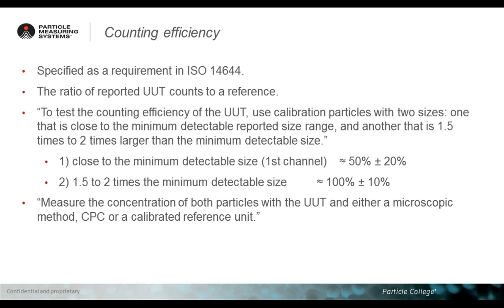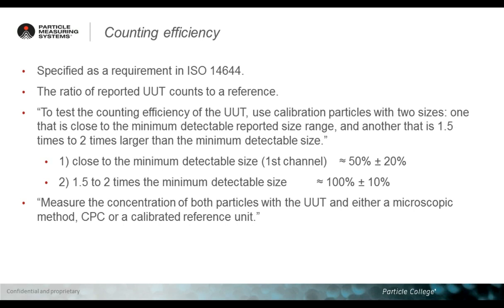The counting efficiency. ISO 14644 also talks about the counting efficiency, and this is the ratio of the reported UUT count to a reference. UUT means unit under test. This is essentially your particle counter, the one that you send to the calibration lab to be calibrated and adjusted. To test the counting efficiency, the unit under test is challenged with a certain amount of particles, and the results are compared with a reference unit.